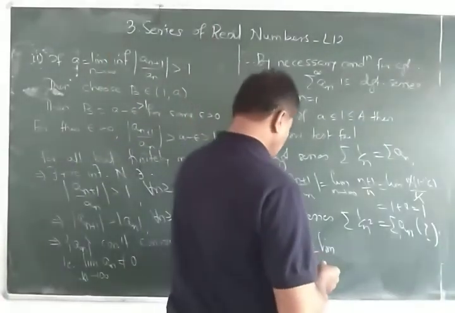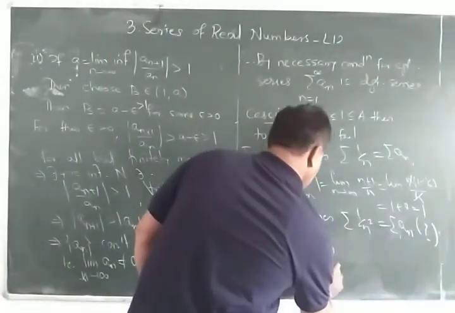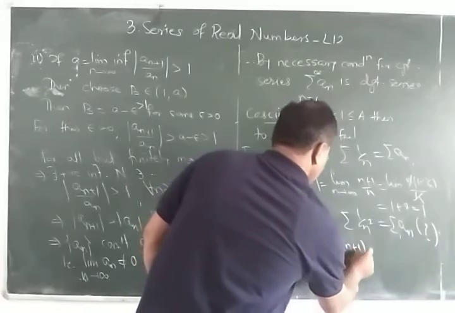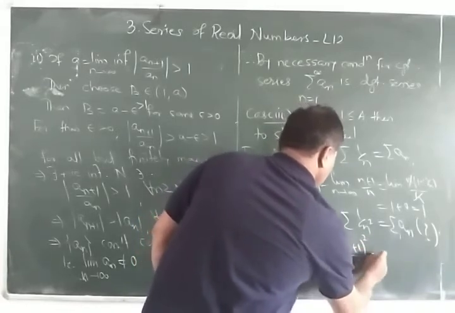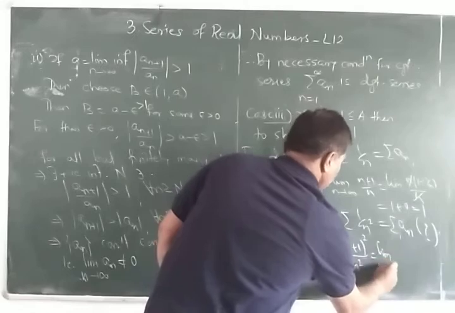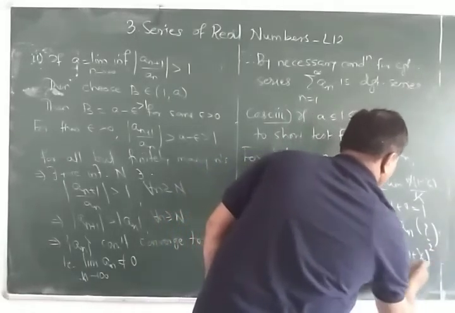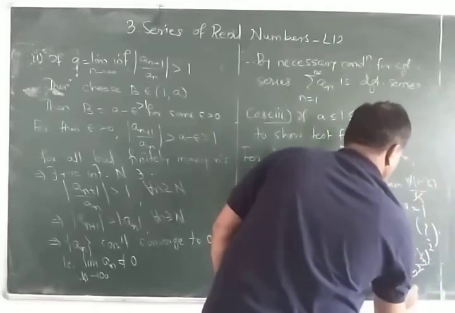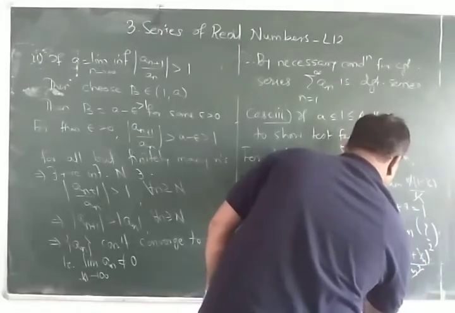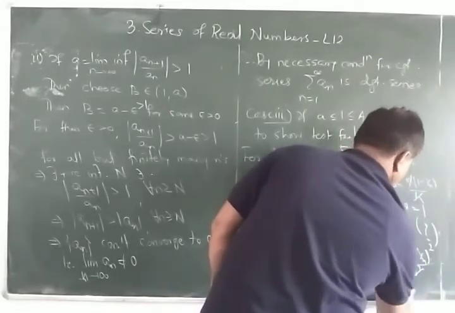So the limit is n plus 1 bracket square upon n square, which is limit of n square in bracket 1 plus 1 by n bracket square upon n square. This n square gets cancelled and it will again become 1 plus 0, equal to 1.